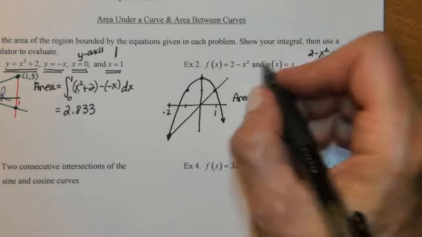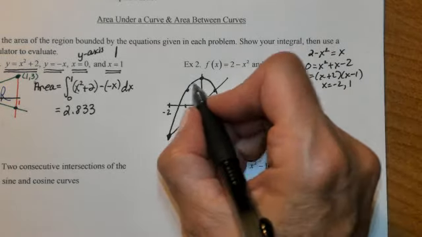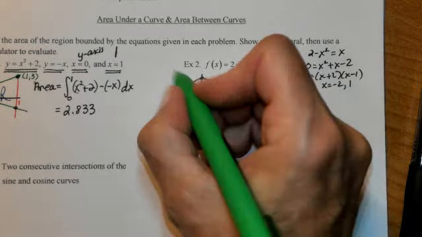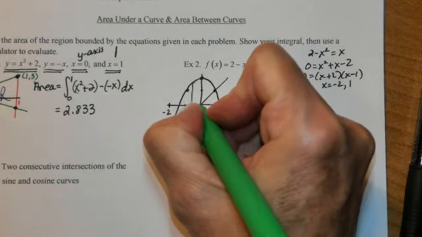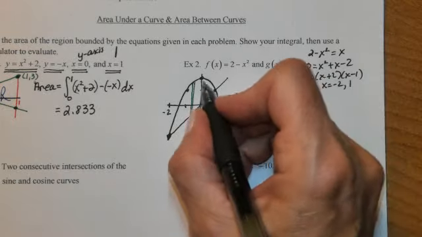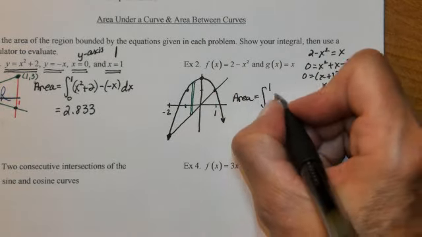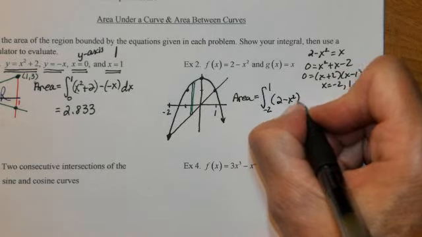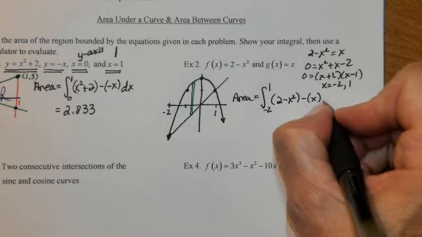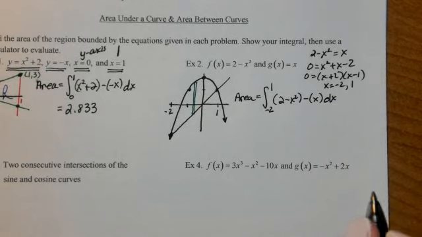What's the rightmost x? 1. And now think of your little rectangle. What's the height of your rectangle? The height of your rectangle is the parabola minus the line. So 2 minus x squared minus x. And then the baseline is delta x, so dx.